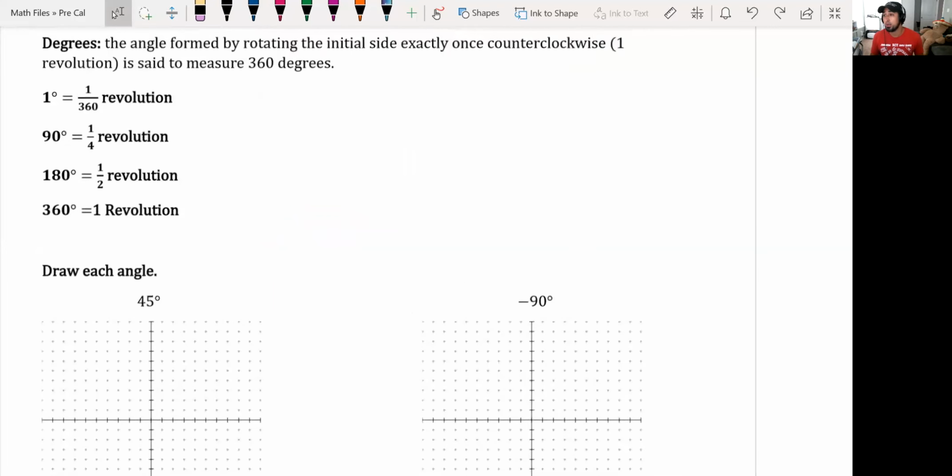All right, the definition of degrees: the angle formed by rotating the initial side exactly once counterclockwise. One revolution is said to measure 360 degrees.